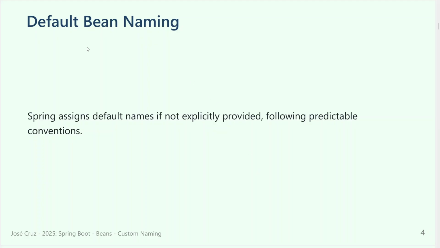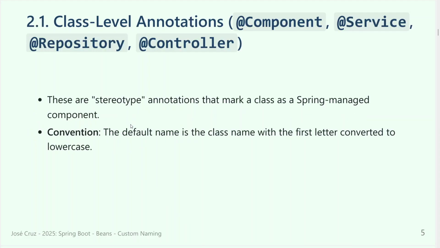So first let's talk about the default bean naming. Spring assigns default names if not explicitly provided, following predictable conventions. Let's see what these conventions are. For class level annotations, beans that are classes you define, like component, service, repository, or controller, these are the stereotype annotations that mark a class as a Spring managed component.